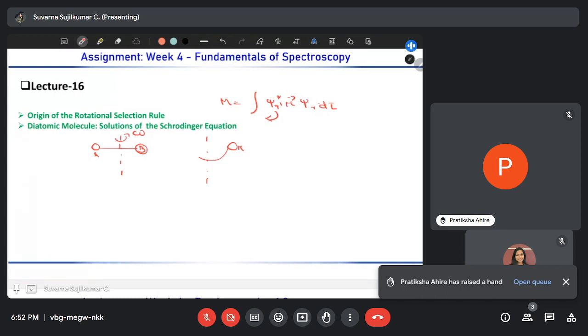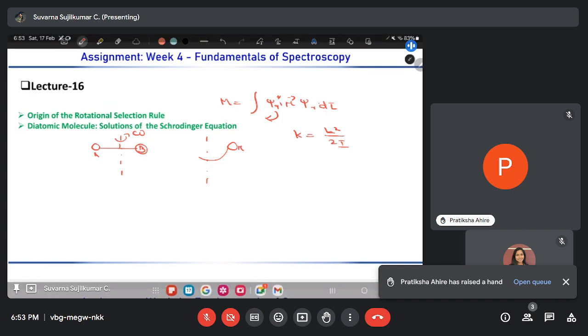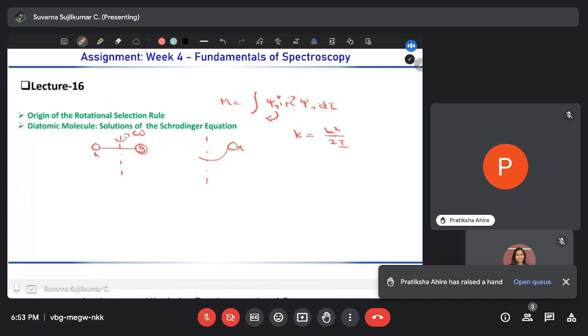Good. This we have already done. By the expression of classical kinetic energy, we can write K equals L squared divided by 2I, where L is the angular momentum and I is the moment of inertia. We know that I can be represented as mu r squared, the reduced mass moment of the molecule.